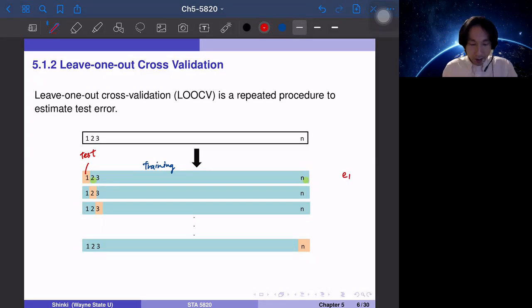And then the next step, we do the training and validation set approach again. In the second time, the training set is the first observation and the third to nth observation, and the test set is just the second observation. Then we evaluate the error, maybe the error size is E2.